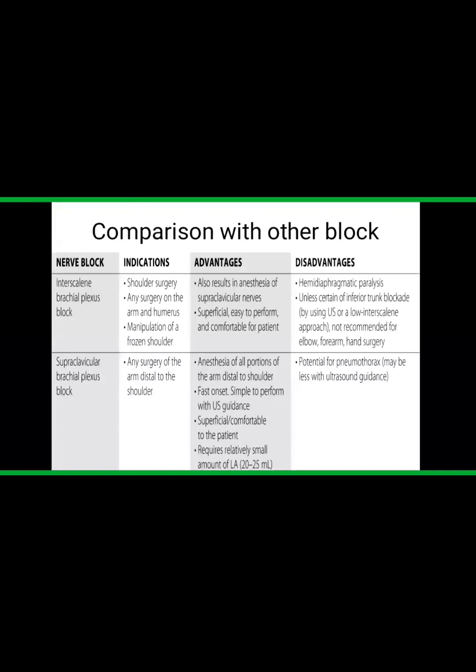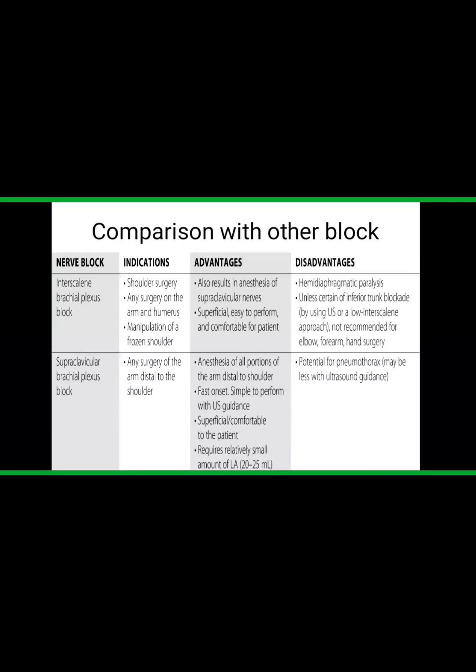Now, going through comparison with other blocks, we will compare the supraclavicular brachial plexus block with the interscalene block. Supraclavicular brachial plexus block is done for any surgery of the arm distal to the shoulder. Its advantages are anesthesia of all portions of the arm distal to the shoulder. It has a fast onset, and it is very simple to perform with ultrasound guidance, and it is very safe with ultrasound guidance.